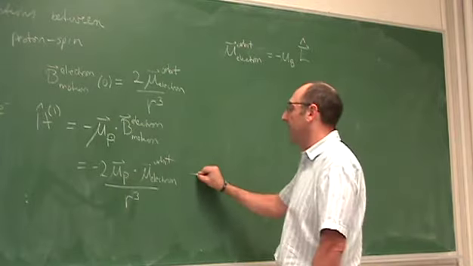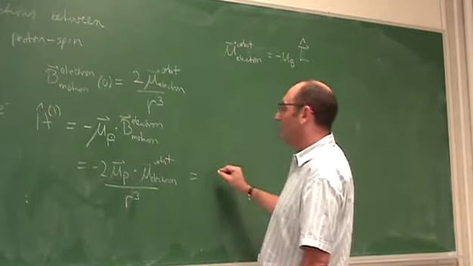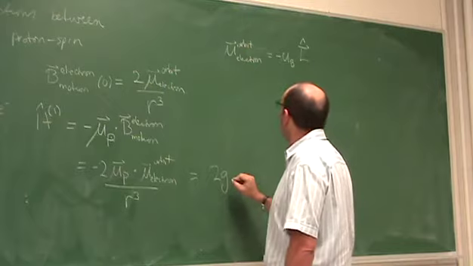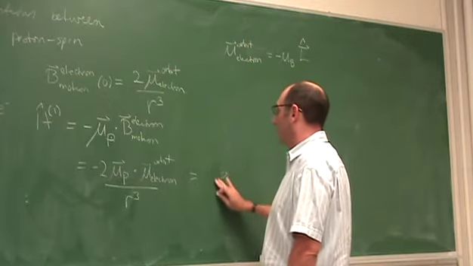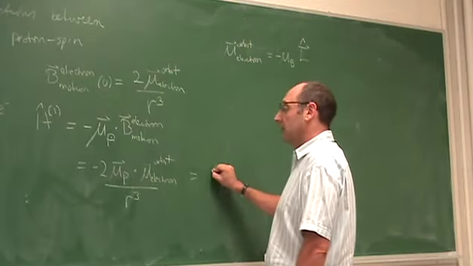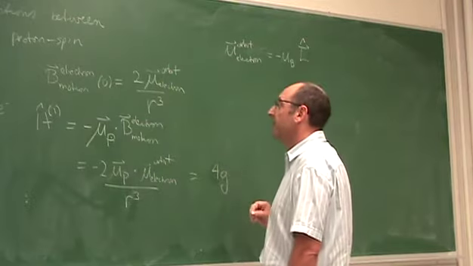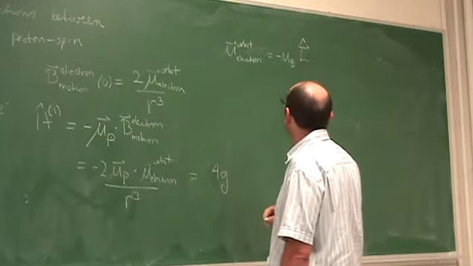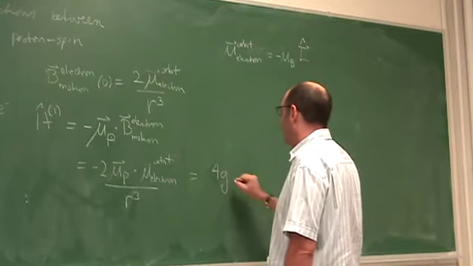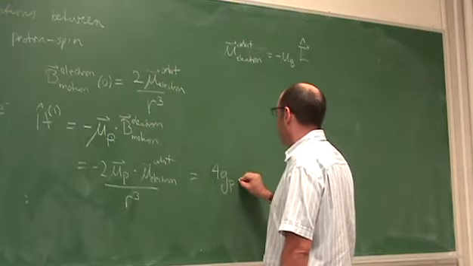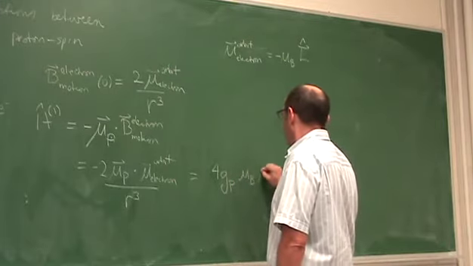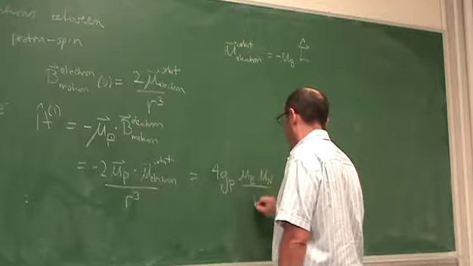So this is then equal to twice, or 4 times the g factor of the proton times mu b mu n over r cubed.